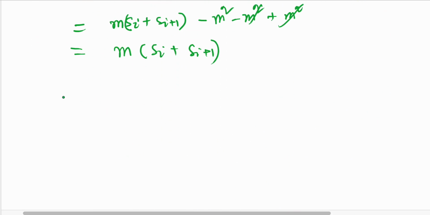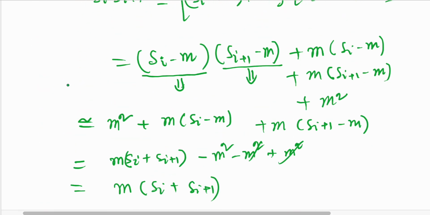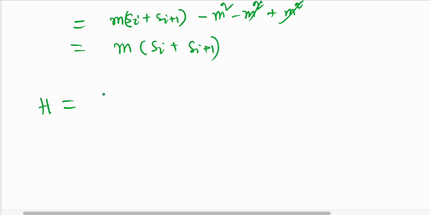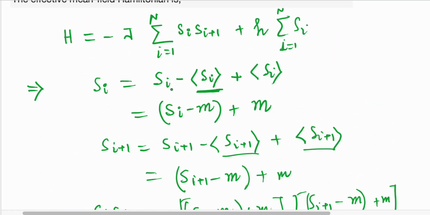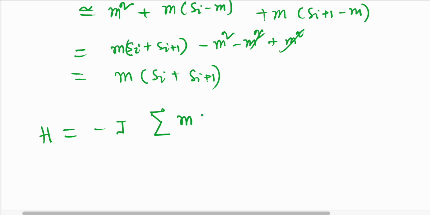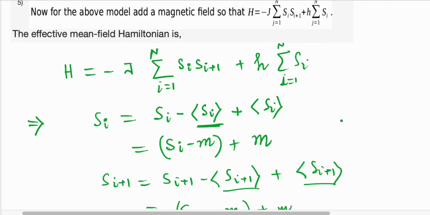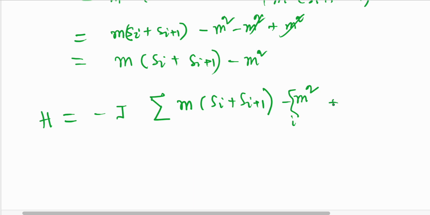So if we write it here, then H will become equal to minus J summation of M Si plus 1 minus M square summation over i, plus h summation of i Si.